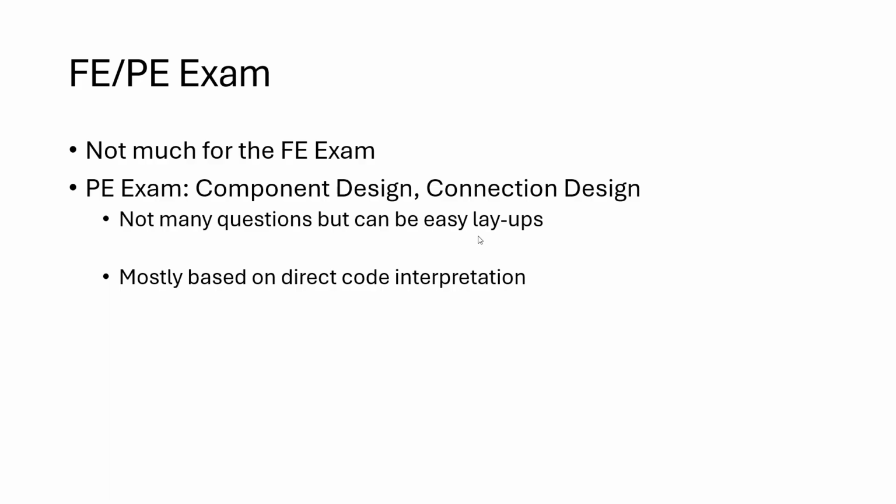So what does this mean for the FE and PE exam? Not really a whole lot for the FE exam because you don't really get into material specific design outside of steel and concrete. Again, because the FE is really meant to be an undergraduate licensure, or a still-in-school licensure exam to get that EI or EIT.